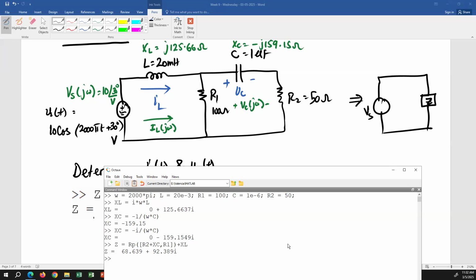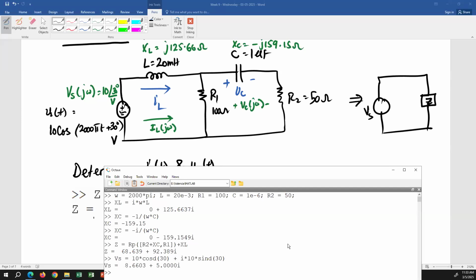Now if you have that program, you can do that. If you don't have the program, simple, use the conversion from polar to rectangular. That is, Vs is equal to 10 times cosine d of 30, where d is for degrees, plus I times 10 times sine d of 30.